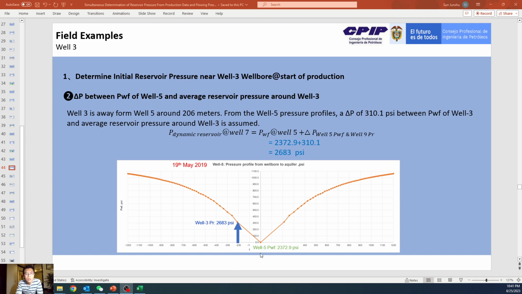Well 3 is 206 meters away from well 5. From the well 5 pressure profile, a delta P of 310.1 psi between the fluid pressure of well 5 and average reservoir pressure around well 3 is assumed.